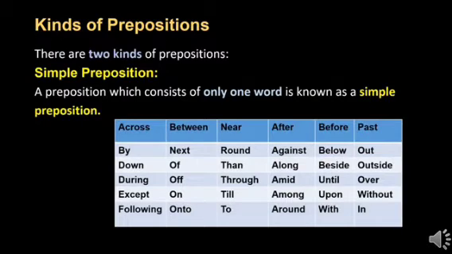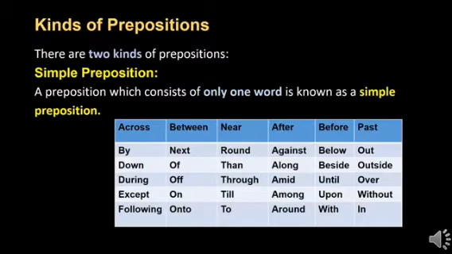Now let's move on to the kinds of prepositions. There are two kinds of prepositions: simple preposition and complex preposition. Now, what do you mean by simple preposition? A preposition which consists of only one word is known as a simple preposition.